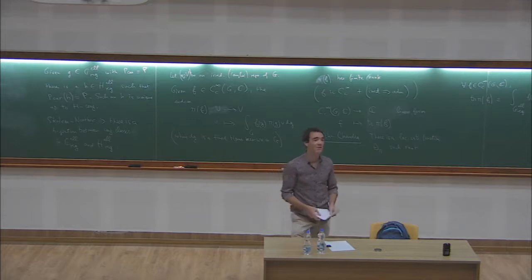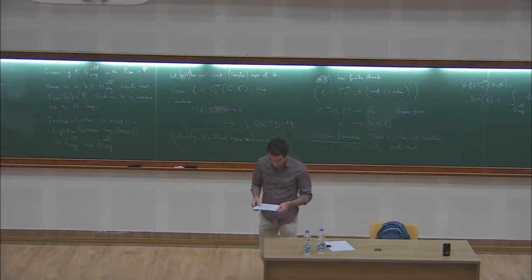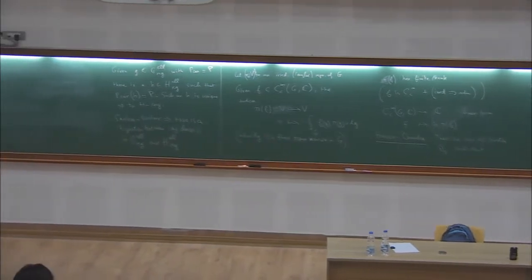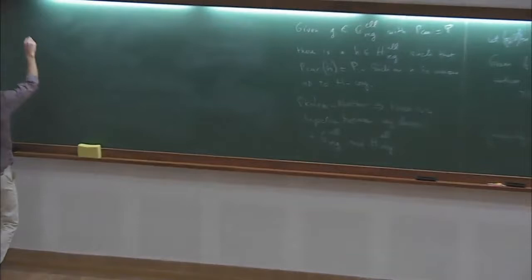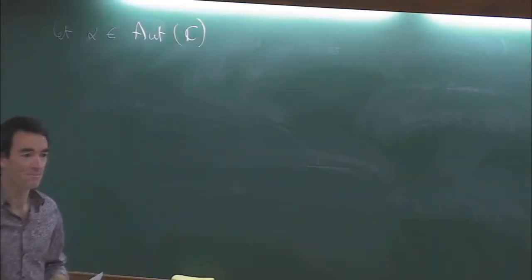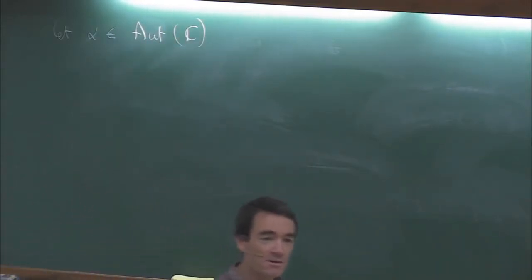So the first step will be to replace C by QL bar. For this, one has to look at the following question. Consider alpha any field automorphism of C. So any automorphism of C, so Aut C is a huge group.